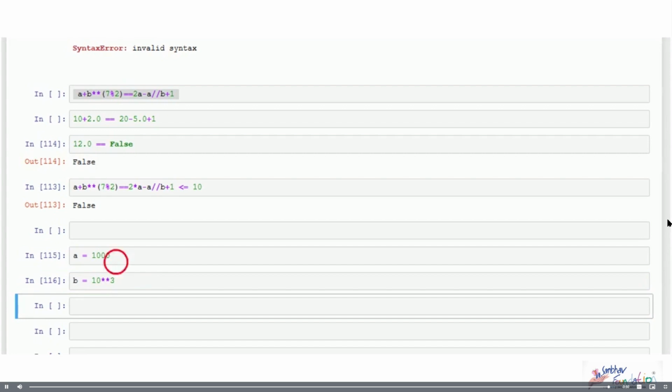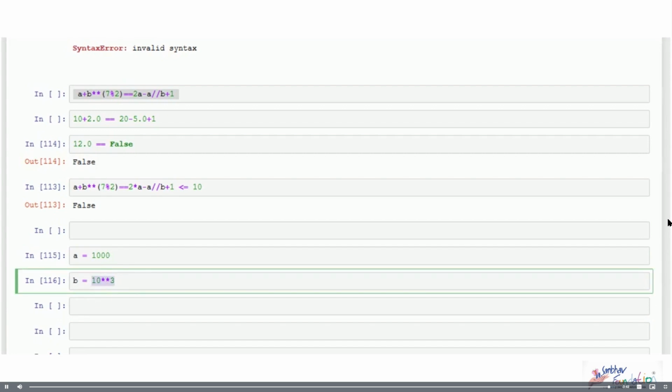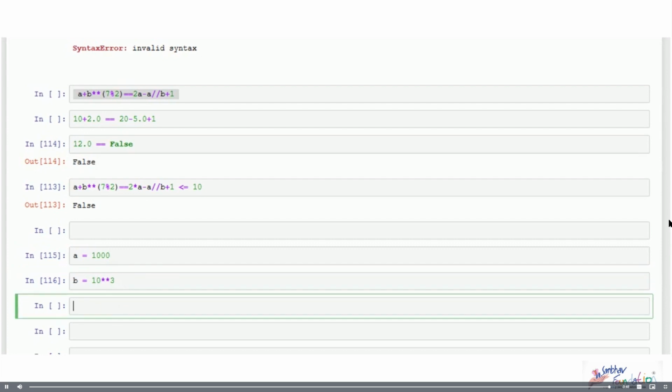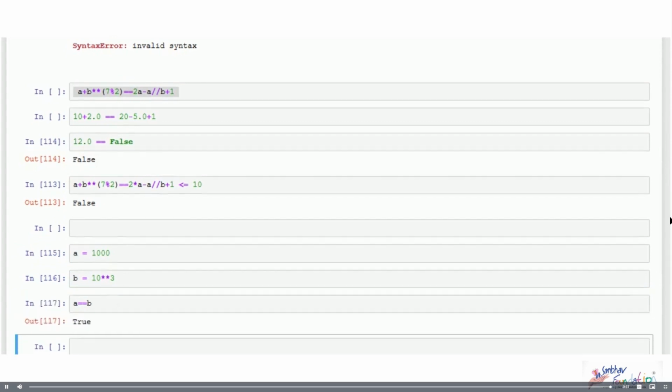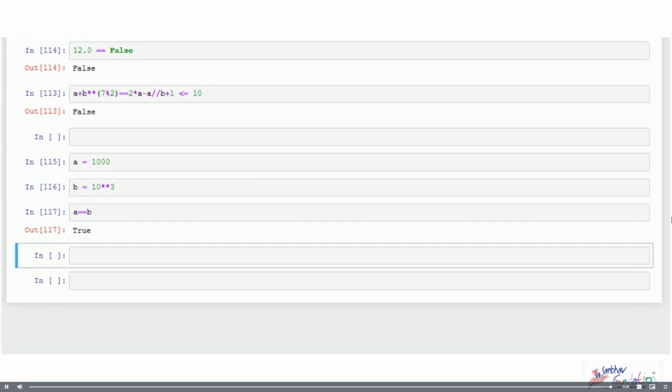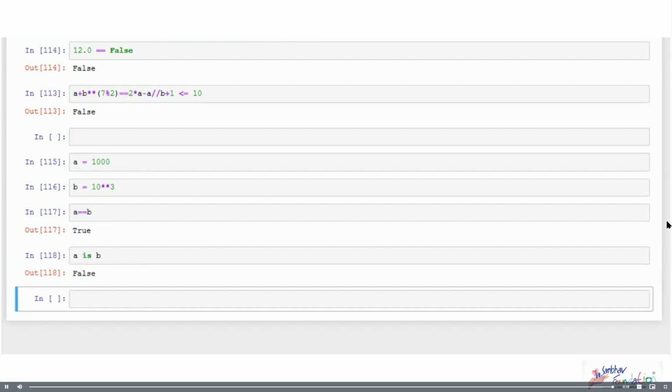The value of a is 1000 and the value of b is 10 power 3, which is nothing but 1000. So if I check for a equal to b, it checks if the values of a and b are equal. So they are equal because both of them equal 1000. But if you use the is operator, what it checks for is whether a is the same as b, that is, if a itself is b, not the value of a but the object itself. So when I gave a is b, it shows false.